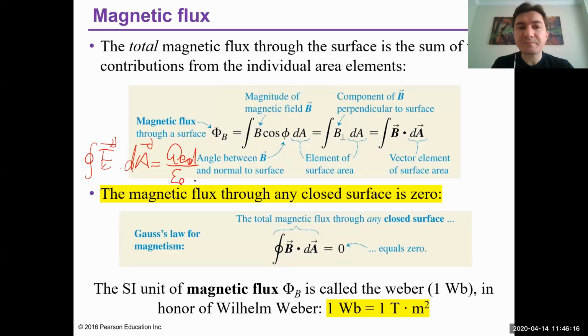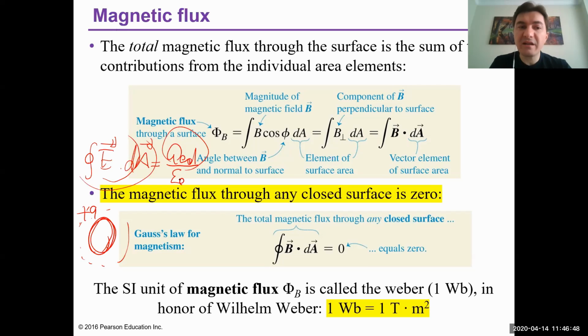So let's consider a metallic sphere which is positively charged. If you choose a closed surface like this, the electric flux is given by that expression, Q enclosed, here positive Q, over epsilon 0, okay?